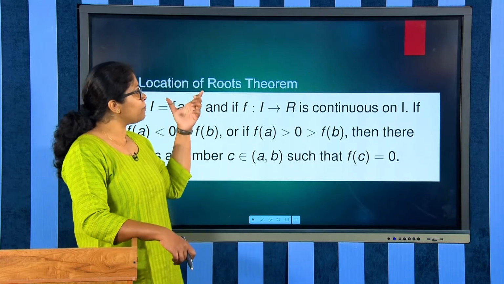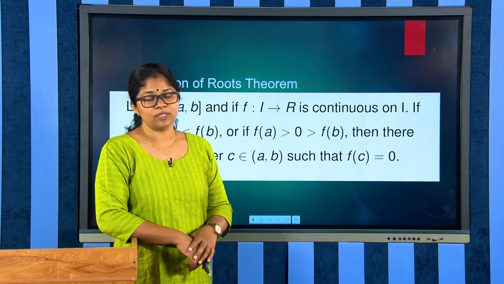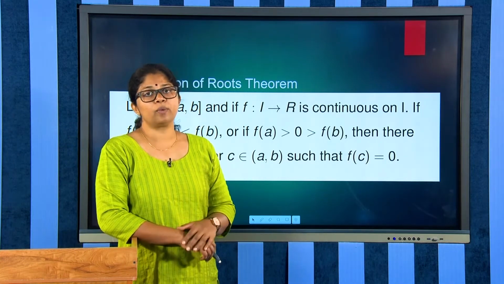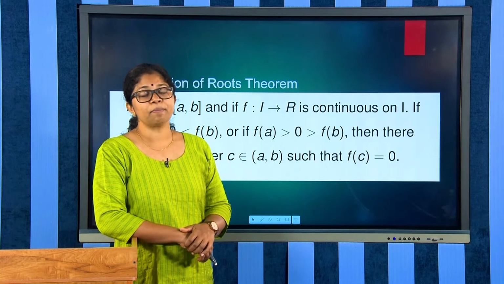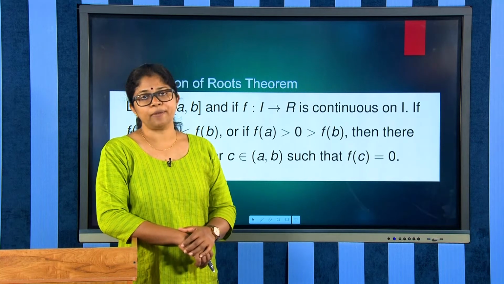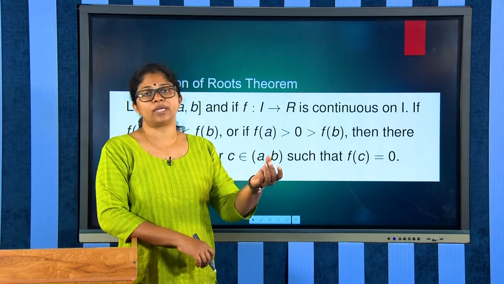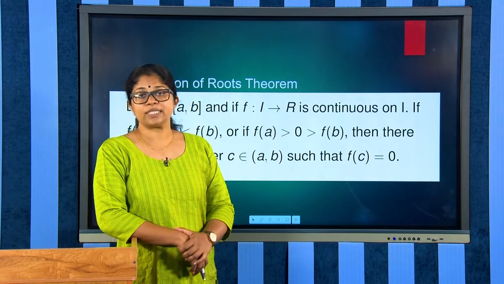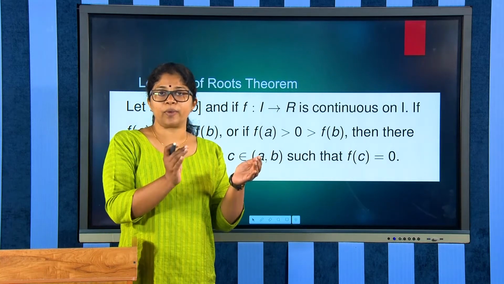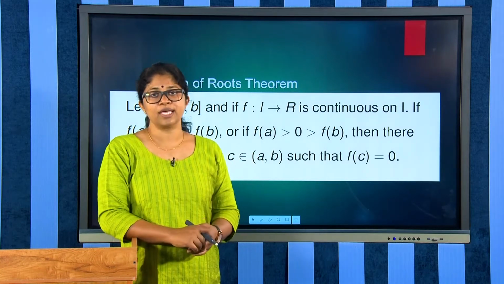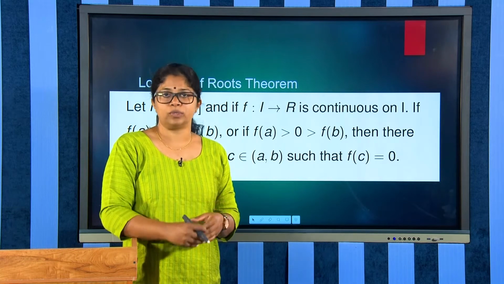The name location of roots is because in the majority of real world situations we use mathematics to model the situation and to find for what values a particular equation is true. In such cases we have the equation as the function f of x and we will be searching for the root.